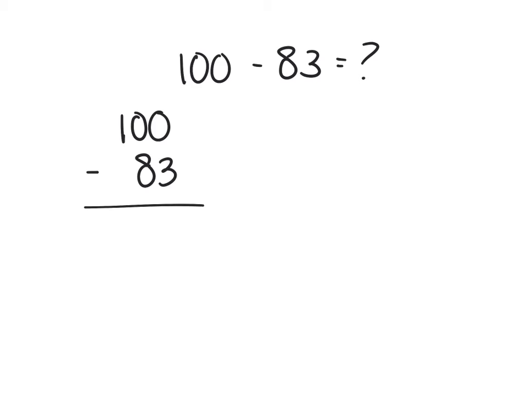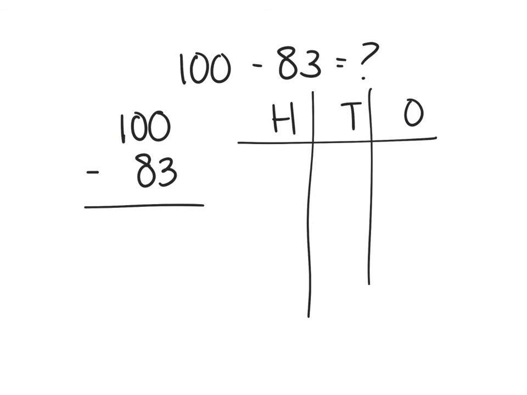And I want to draw this out with a place value chart. Hundreds, tens, and ones. And my largest number that I would have to place on my place value chart is 100. So let's say I put it there. All right. Now I'm like, what do I do now? I have to take away 83 from this? Like, what? I'm going to have to do some regrouping.